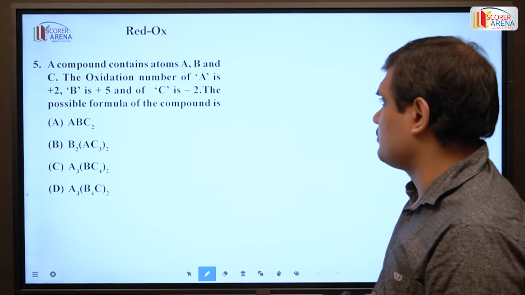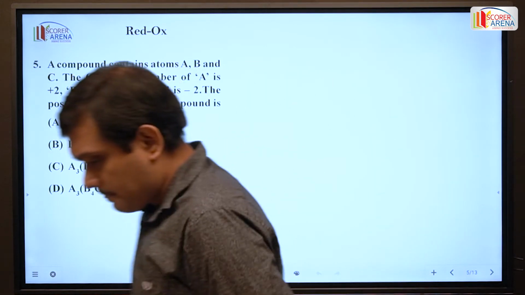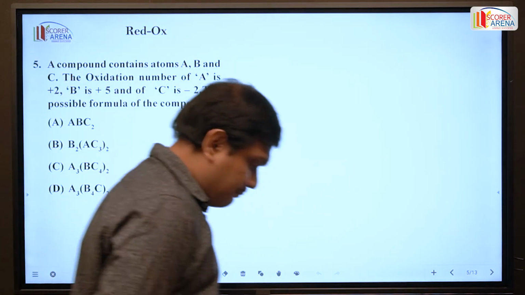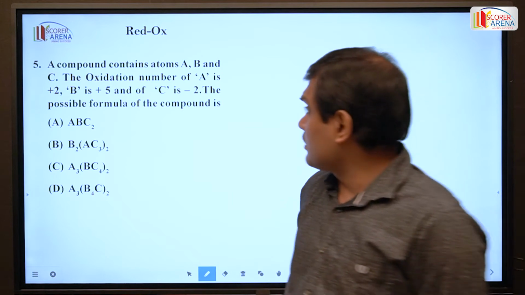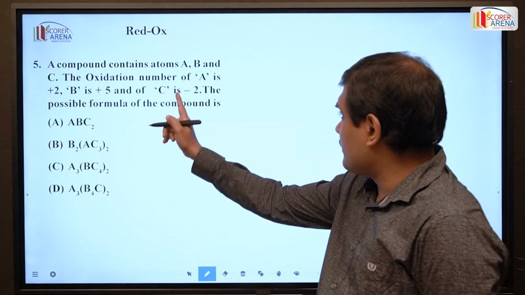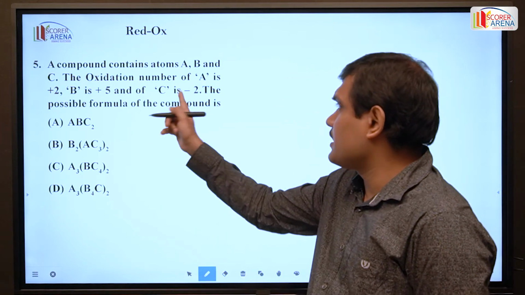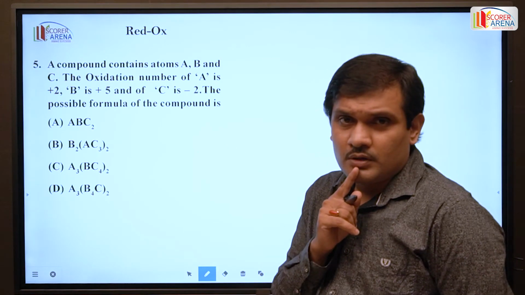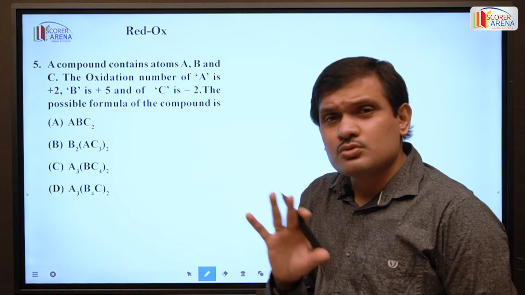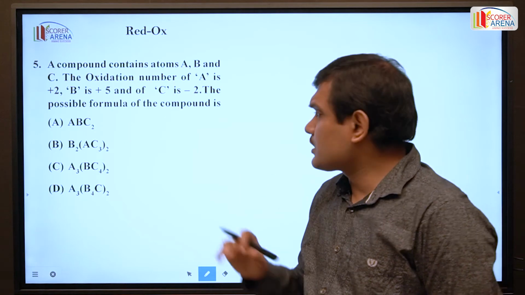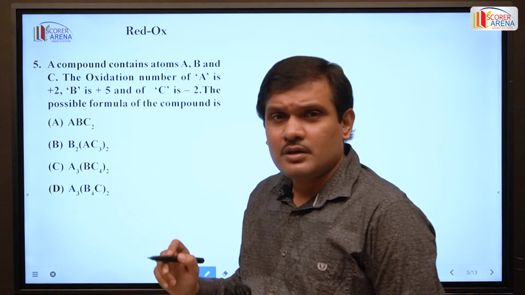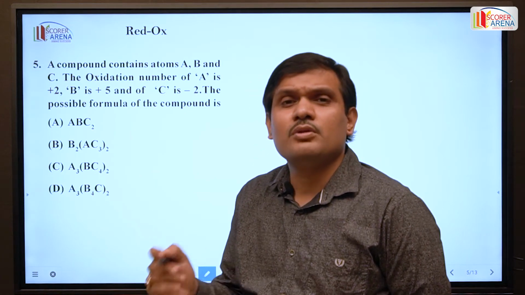Let us move to the next problem. Here the oxidation numbers of different atoms A, B, C are given, and you are asked what will be the correct formula. The best way to solve this problem is to put these oxidation numbers in each case and find whether the value will be 0.